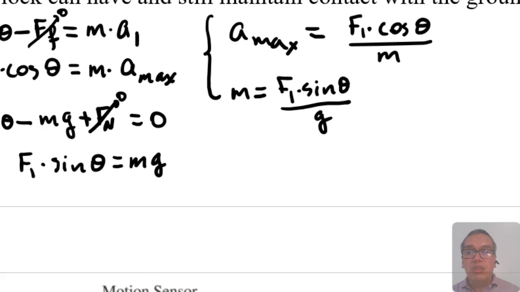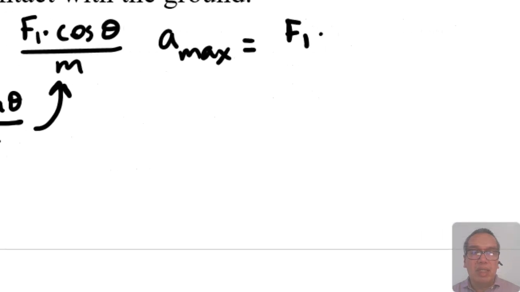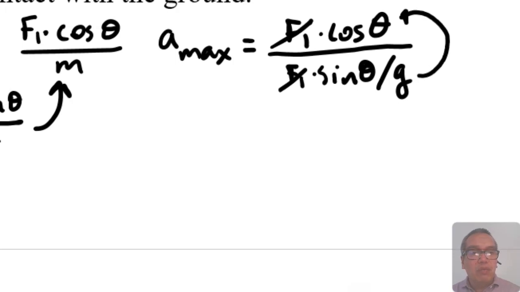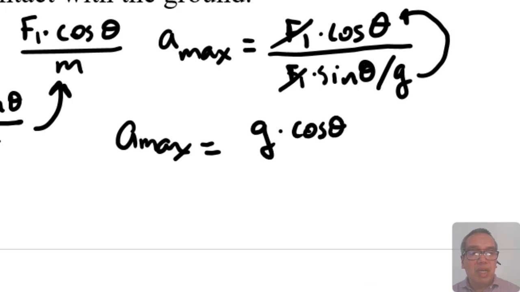Now, if you substitute this expression for mass into the first equation, what you get is that A max is equal to F1 cosine of the angle divided by F1 sine of the angle over G. Obviously, F1 is going to cancel out. G can be moved around to the numerator, and so A max is going to be equal to G times cosine of the angle over sine of the angle.